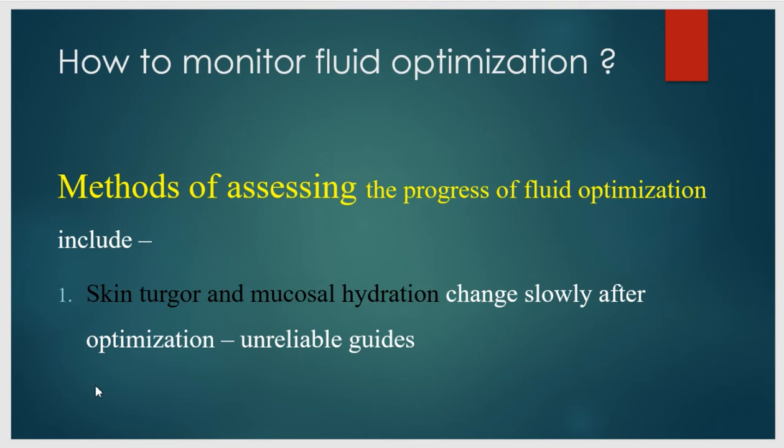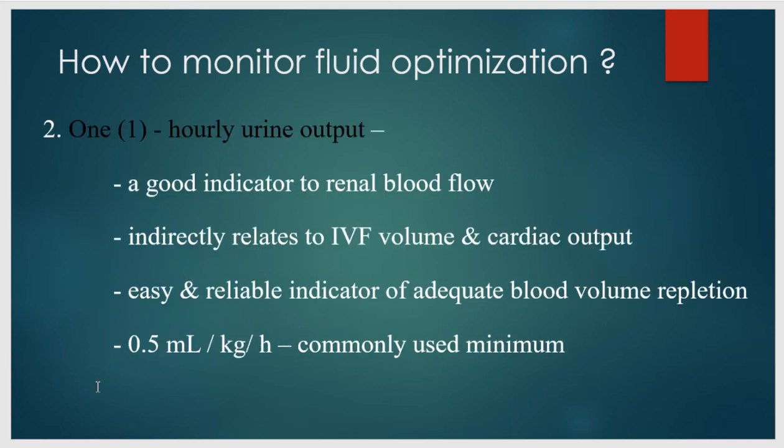Methods of assessing the progress of fluid optimization: we can do this by observing the skin turgor and mucosal hydration, right? Mucosal hydration changes slowly after optimization, and that's why these are unreliable guides. You cannot rely solely on skin turgor and mucosal hydration, right?